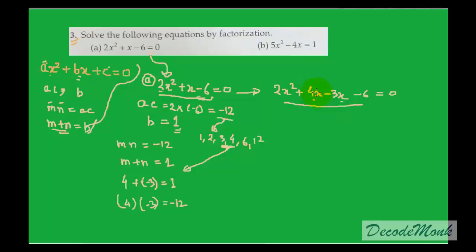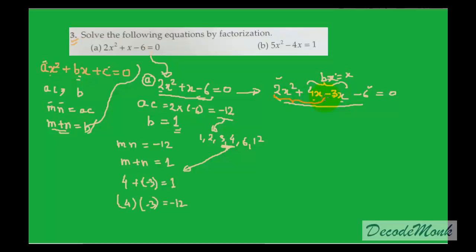The only thing is that you have to write this x like this, such that this term gives you bx, which is 1x, and 4 into minus 3 gives you minus 12, which is also equal to 2 into minus 6. Please practice, rewind this video and see it again and again to try to understand what I am saying.